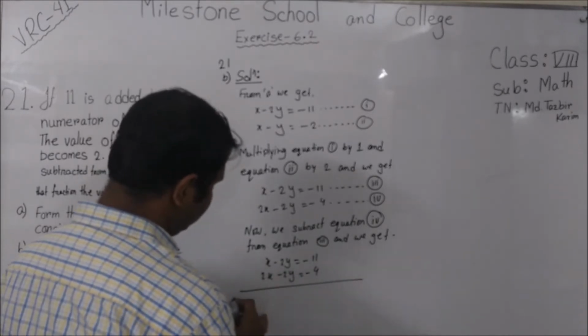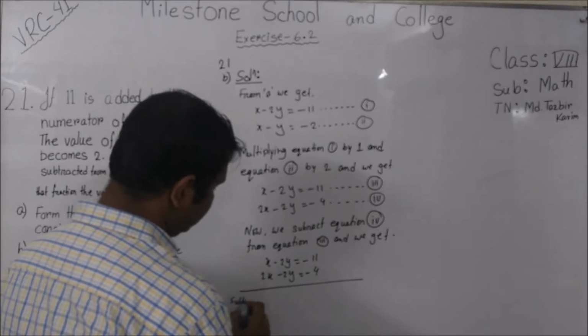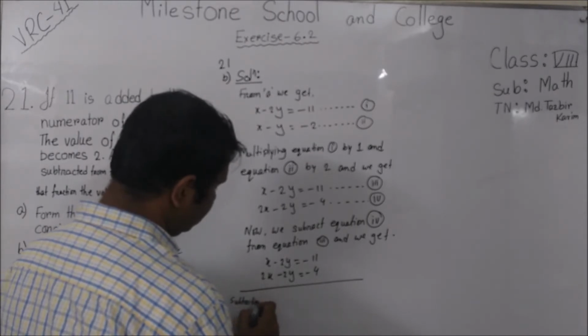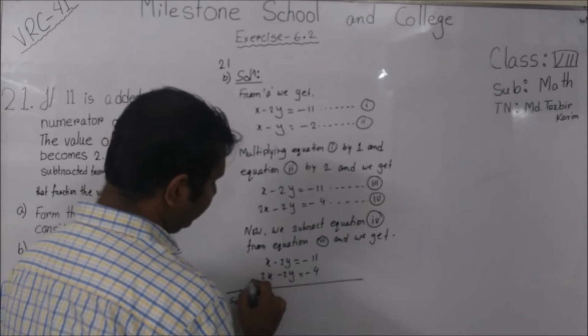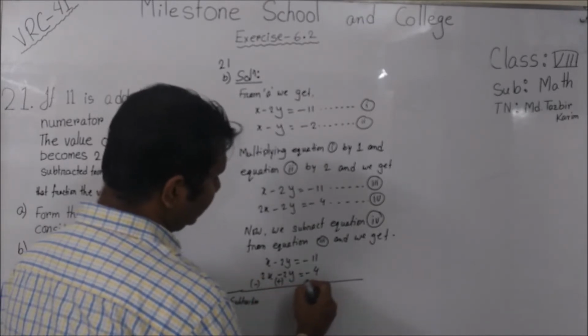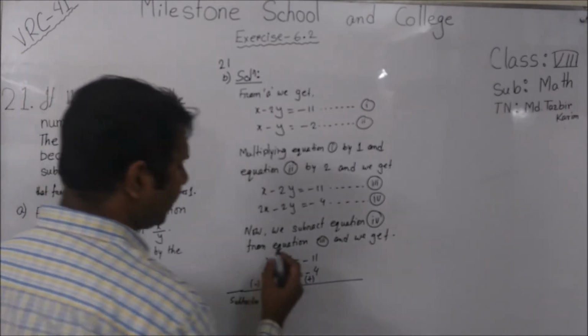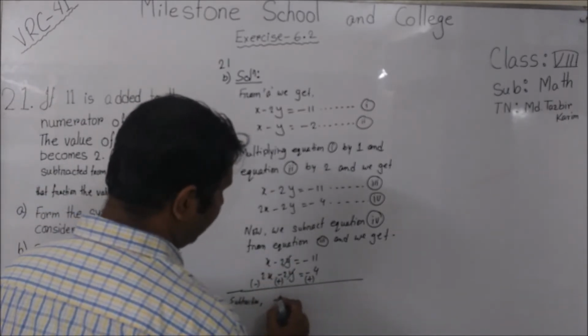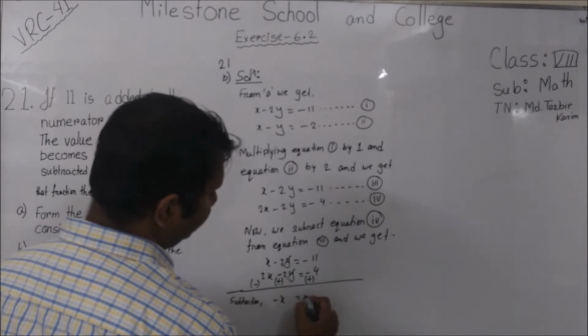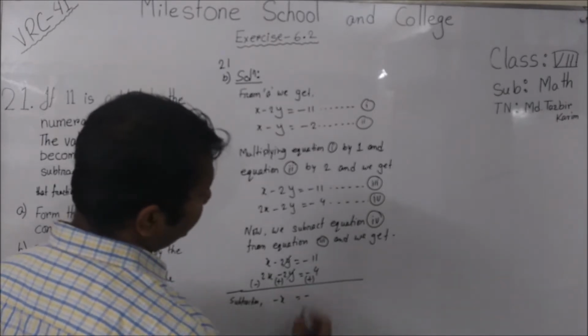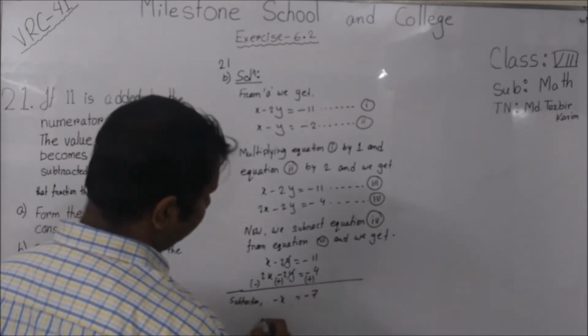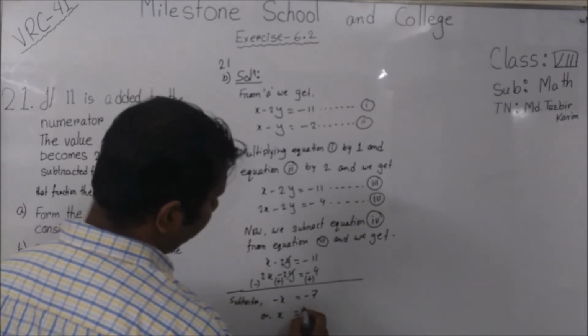As you know, if you are going to subtract, we will change the sign. So 2y will be gone. There will be minus x equal to minus how much? 7, or x equal to 7.